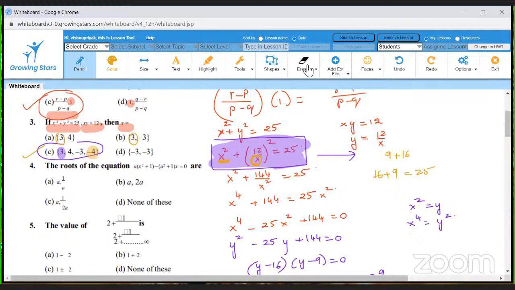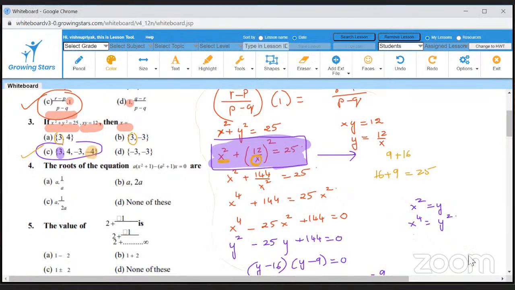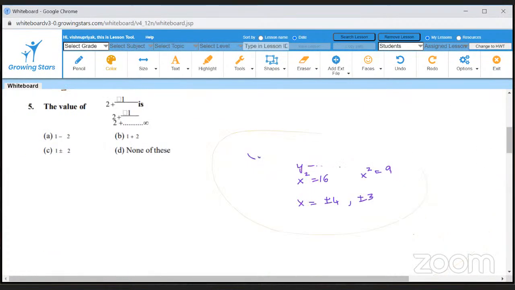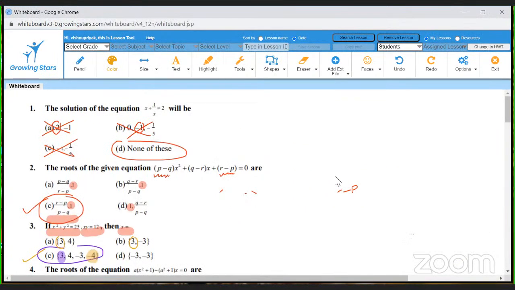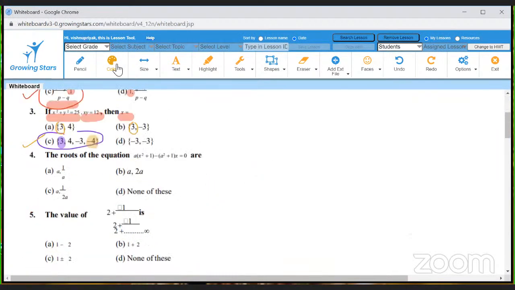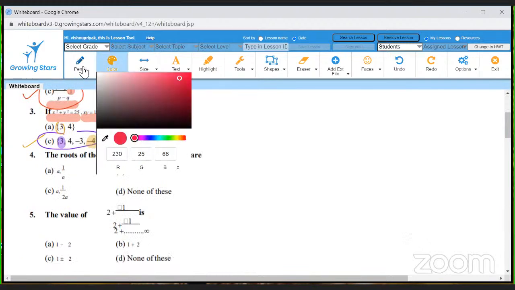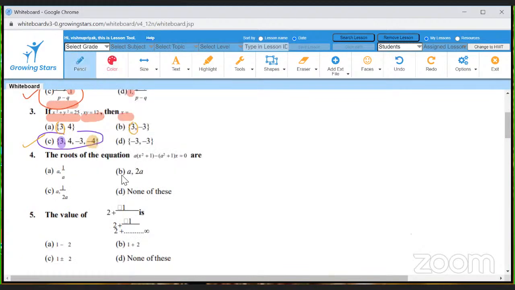This is the shortcut method. For each problem, if you think there will be a long method, there will be a shortcut method. If you are good at the concepts, you can yourself find a shortcut formula. So for that, concepts are necessary.